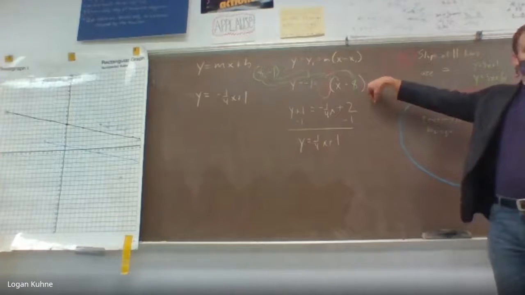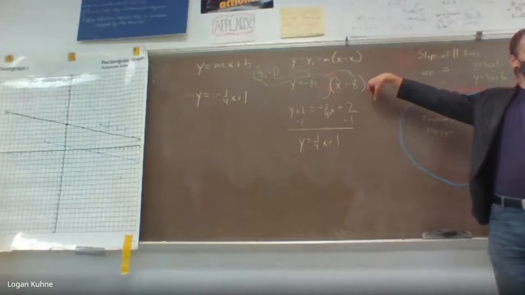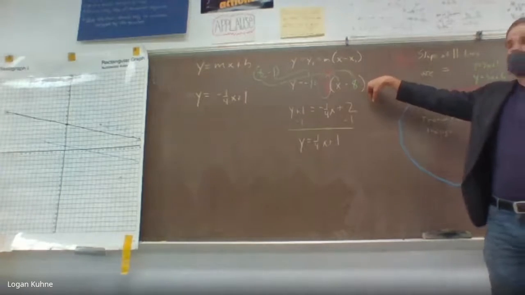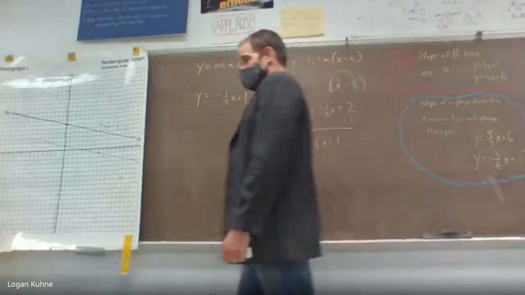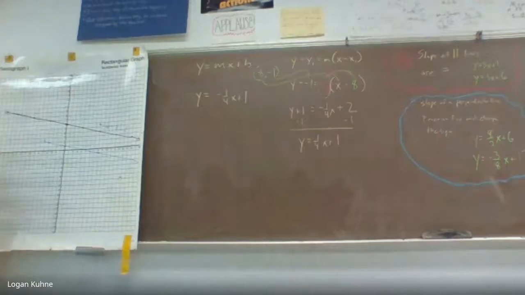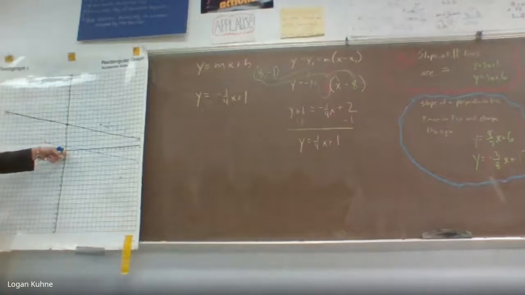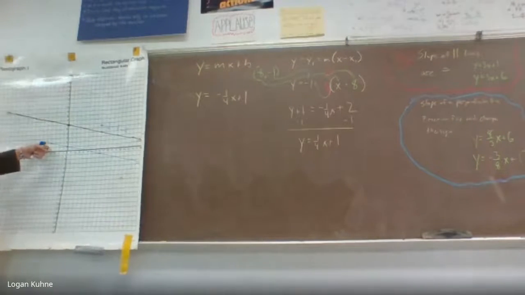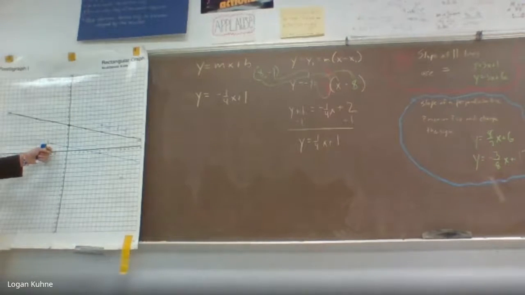How many of you would like to just stop it and leave it right there, though? That's fine. You can. How many of you are still like, Mr. Kuhne, I know you told me how to get directly to your house, but I'm more comfortable just graphing it than finding the line that way? And that's fine too.